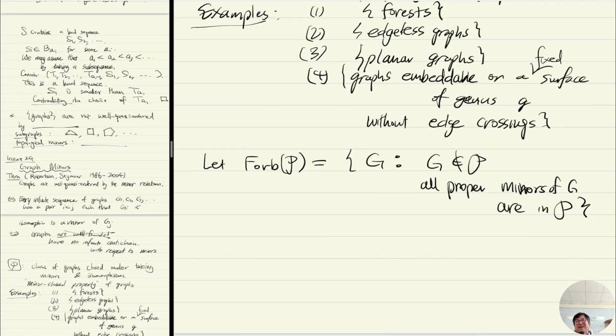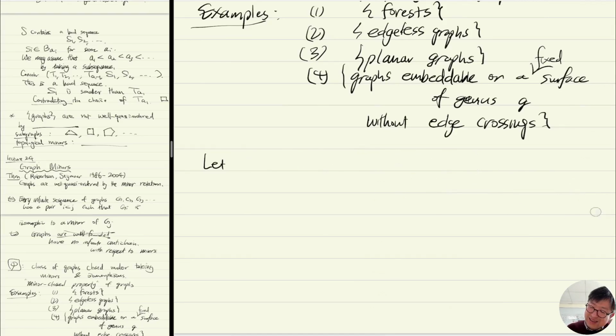But to be more precise, I want it to contain... okay, I mean it's not a good notation. Let me just say it this way.